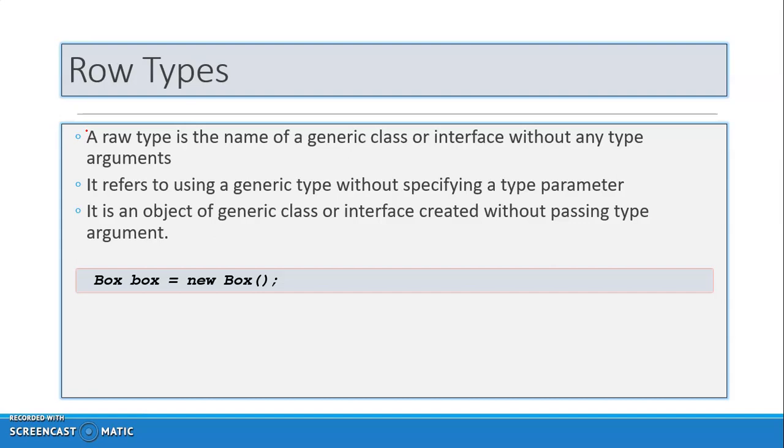So if you have a generic class, you can create objects by specifying the type, or you can choose to create objects without specifying the type. If you don't specify the type, that becomes a raw type. A raw type is the name of a generic class or interface without any type argument. So you are creating your object without specifying the type argument.